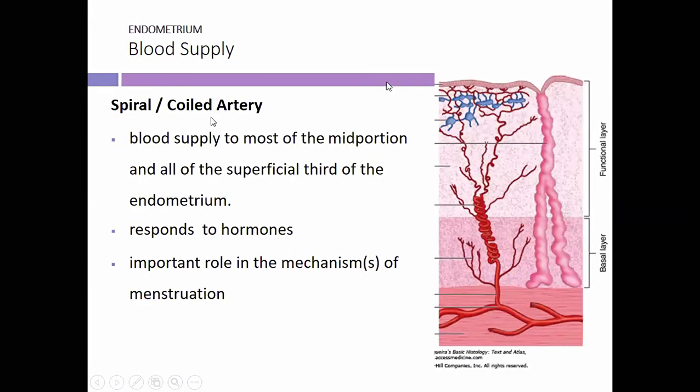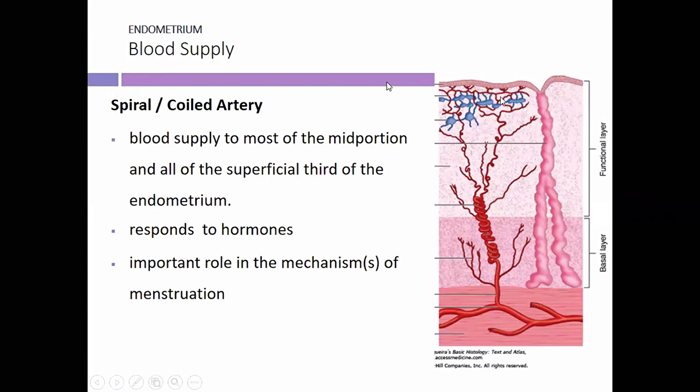So the spiral artery which supplies the endometrium, you know that the endometrium is further divided into the functional zone and the basalis zone. So the functional zone is further divided into the zona compacta and the zona spongiosa.